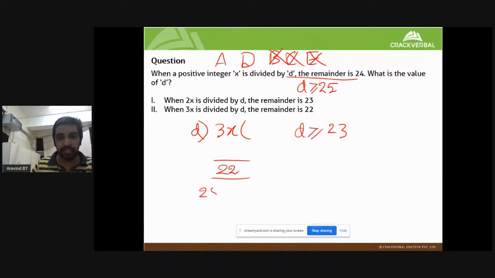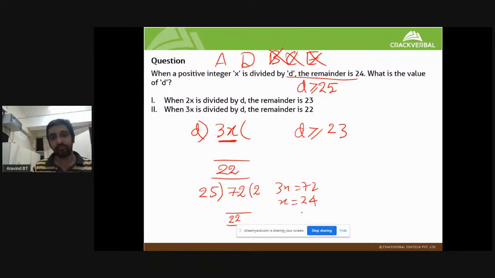So let's say I take 25 here. When a number is divided by 25, I'm getting a remainder of 22. So this number has to be 72. So if 3x is 72, x is 24. This clearly satisfies the question data.